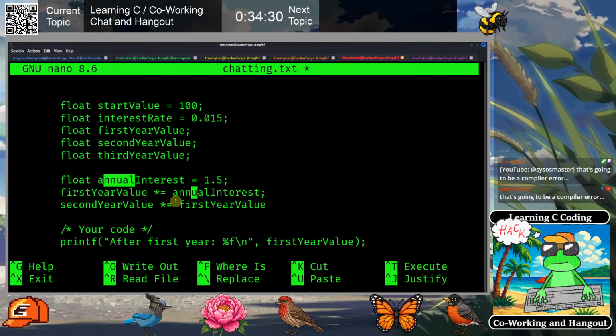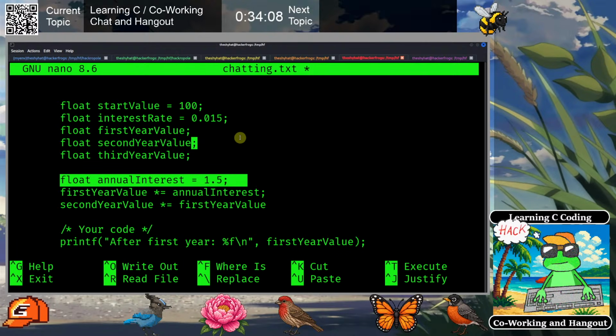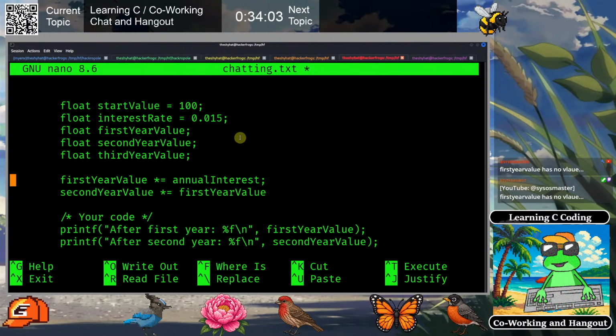Anyways. It's going to be a compiler error? Oh, really? 1.15 or 0.015. 0.015. Oh, okay. So we should be using interest rate instead of defining our own variable here. And first year value has no value. Oh, that's true. We need to incorporate start value.